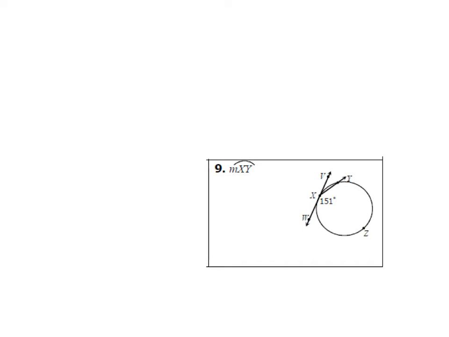All right, so this is arc XY. I'm going from X to Y. So that is this little piece right here. And I don't know what it is yet. Let me see what else I know. I know that from here, this angle here is 151. So if this angle is 151 and this is a straight line, then 180 minus 151 is going to give me how much?